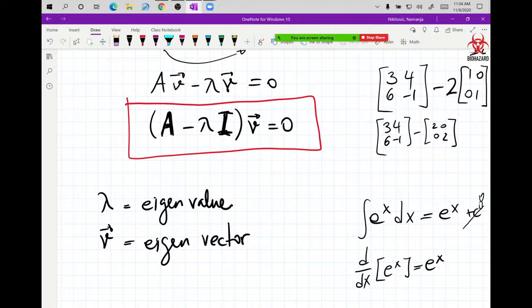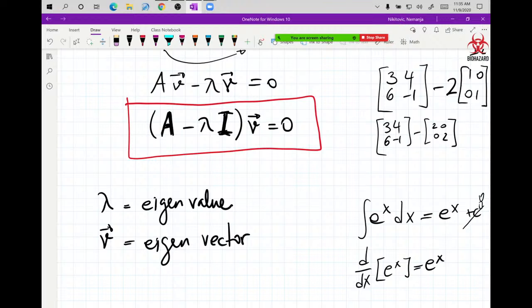So the job of today's section is to learn the way to find eigenvalue and to find eigenvector and to put them together in whatever way they need to be put together so that we can have our problem work.